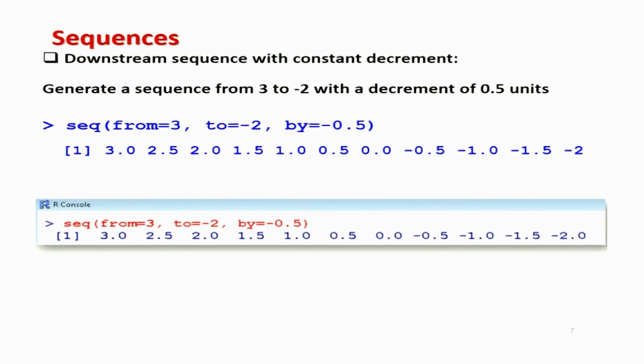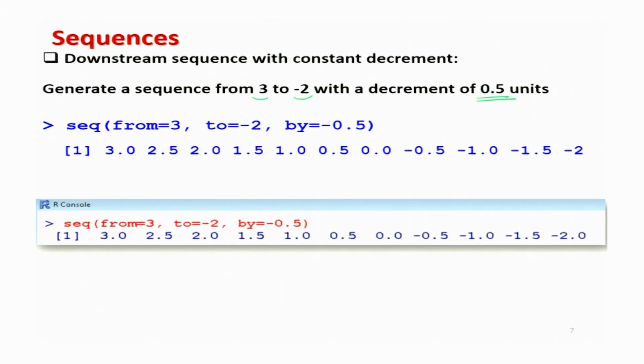So, now you have different types of choices, that you can increase or decrease your sequence by any value, right. So, for example, if I want to generate a sequence starting from 3 going up to -2 and I want a constant decrement of 0.5 units, right. That means the difference between two consecutive terms should be 0.5 and the sequence has to be decreasing, that is, the values are decreasing.